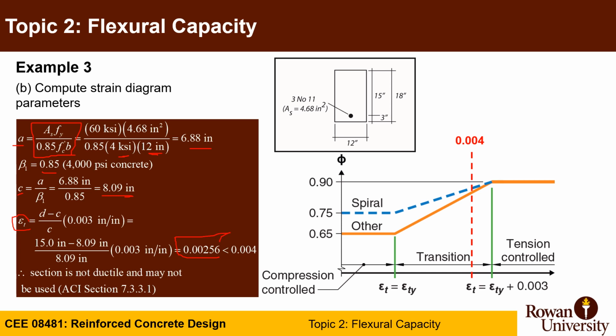Actually, this is more than the yield strain, epsilon yield, but it's less than 0.04, the limit for ACI. So ACI cannot allow you to design with less than 0.005 strain in the steel, even though you are still in the transition zone. So actually the section is not ductile and may not be used according to ACI 7.3.3.1.